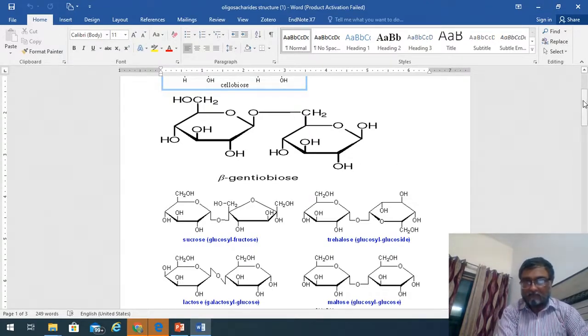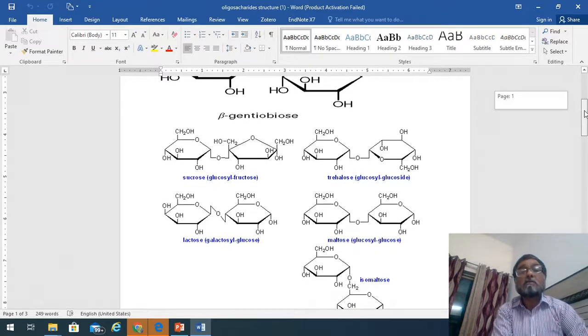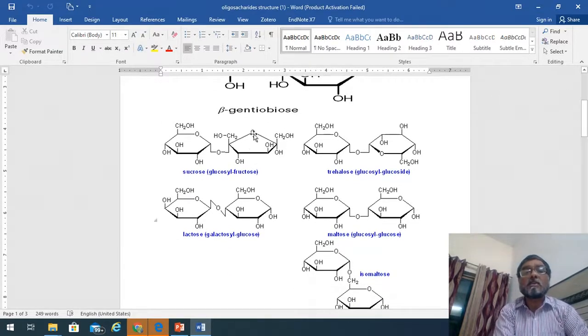Similarly, there are some other structures. This is the sucrose. We have discussed this structure in the class already. It consists of one glucopyranose unit and the other is the fructose in the furanose form, and we have discussed that it has a 1-2 linkage.